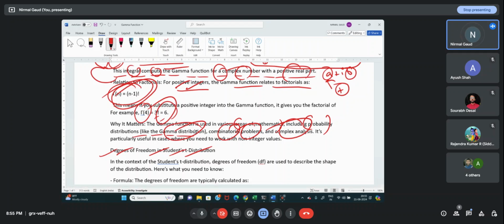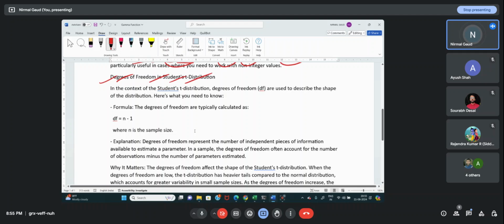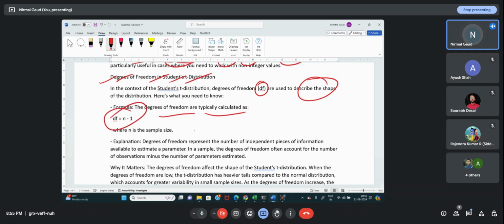All right, fine. And degree of freedom, I already told you. Degree of freedom is used to describe the shape. Degree of freedom is typically denoted by df is equal to n minus 1, where n is the sample size.